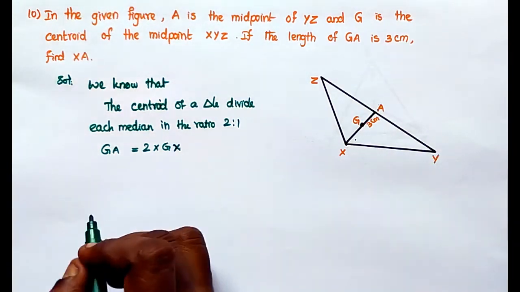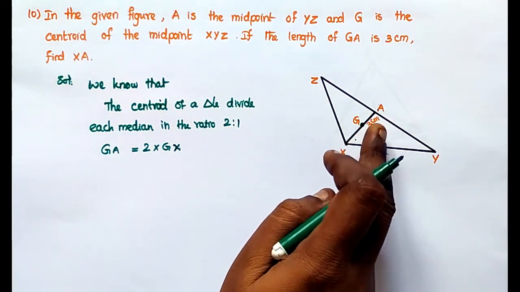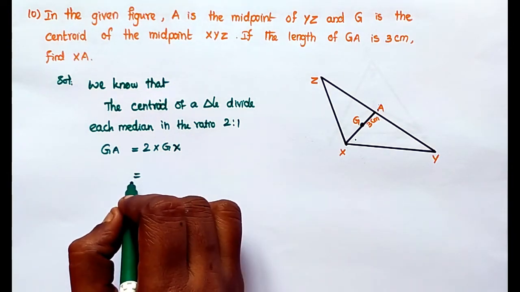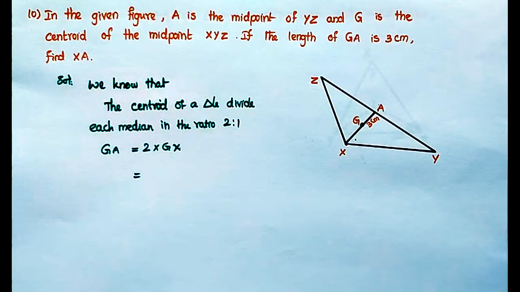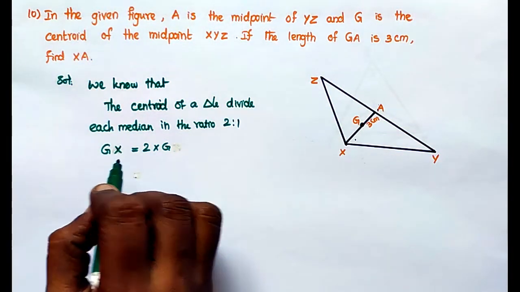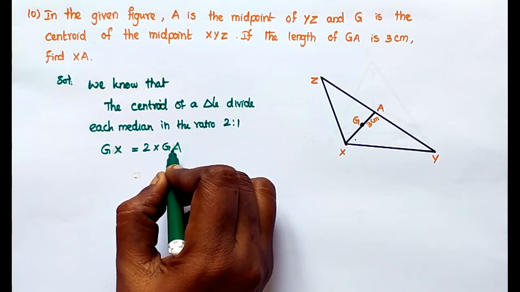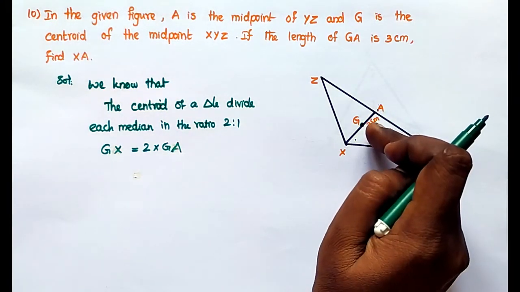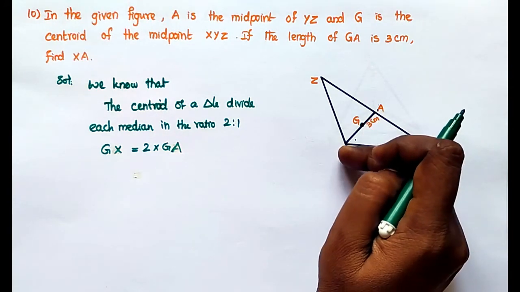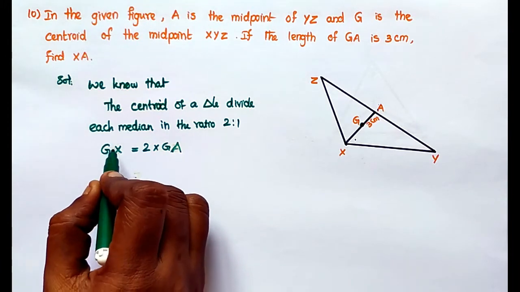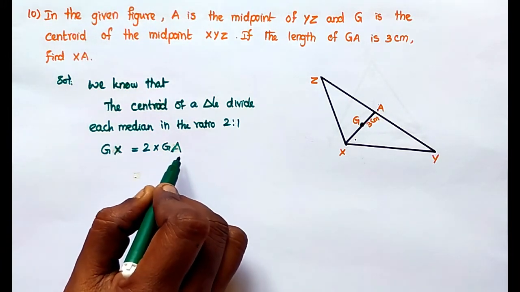So listen, GA equal to 3. Here GX equal to 2 into GA, right? Twice GA is the GX. So GX equal to twice into GA.